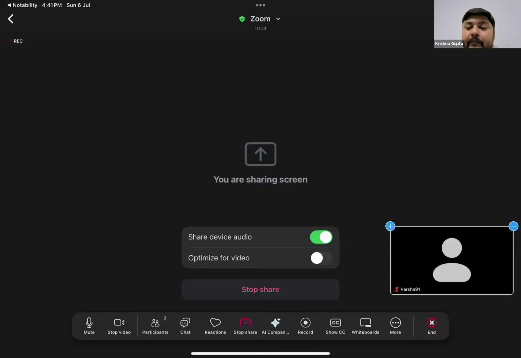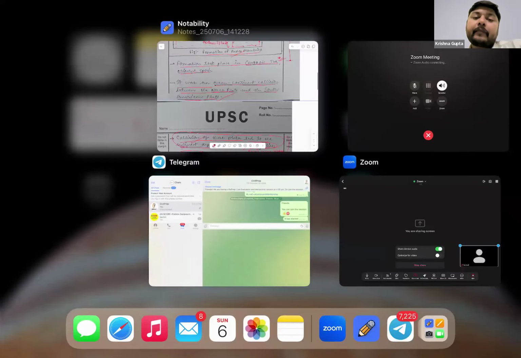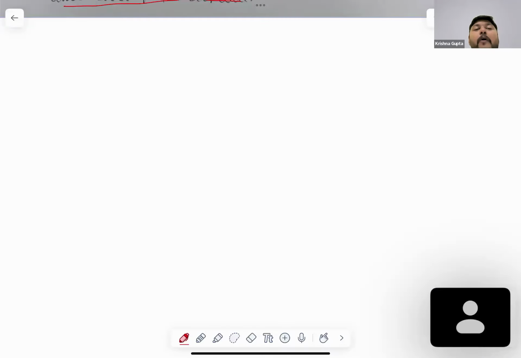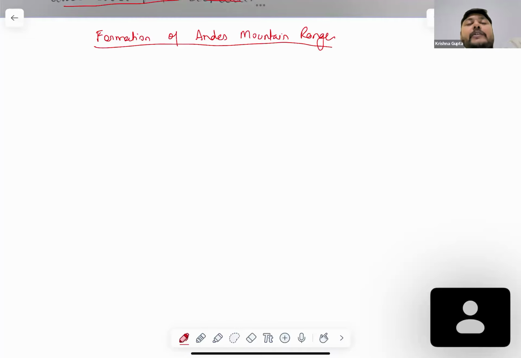Now, one thing what we missed here is that we need to explain the formation of all these three things. Okay, so formation of Andes Mountain range. So here we have already specified that there is a Nazca plate.